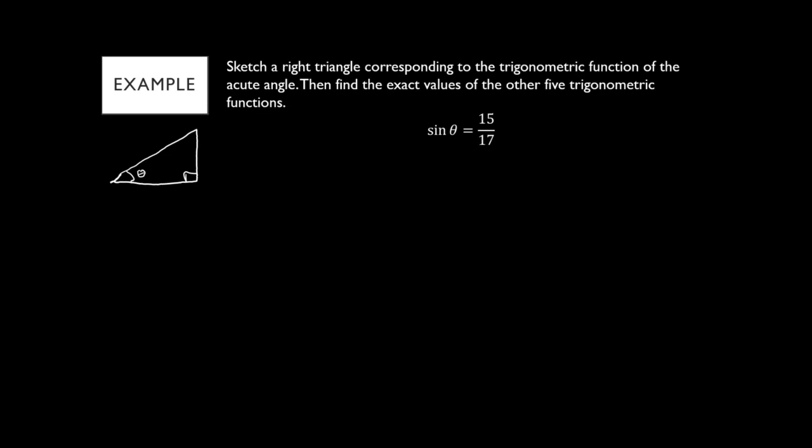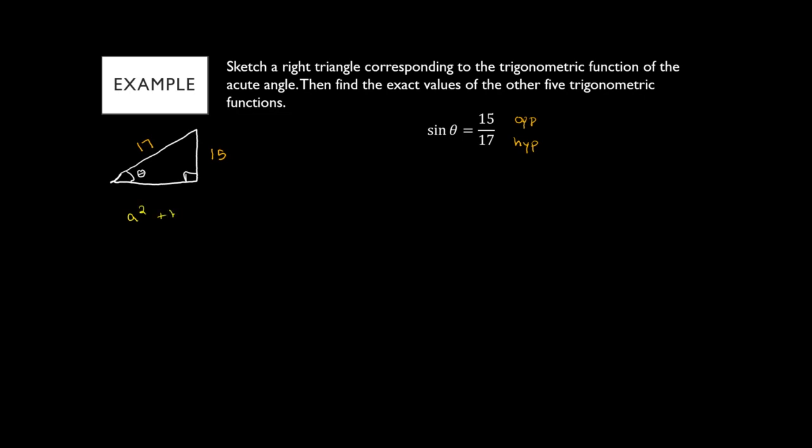I've drawn my triangle, and we're given that the sine is equal to 15 over 17. Sine is opposite over hypotenuse, so the hypotenuse is 17 and the opposite side is 15. We can use the Pythagorean theorem to determine the third side.